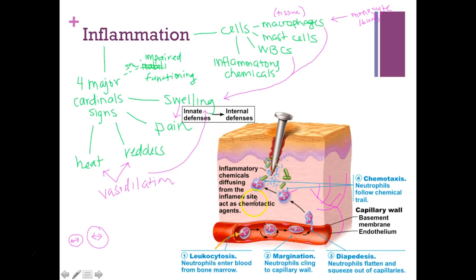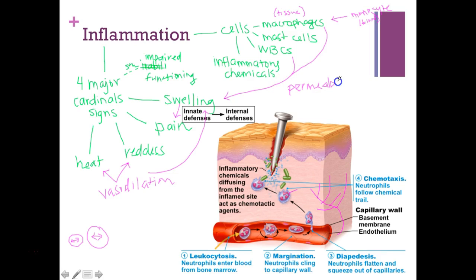So one last thing I want to mention about inflammation is that the way these white blood cells are moving into this area is that we're going to change our capillary wall a little bit. We are going to make it more permeable. Where should we write this? Let's write it up here.